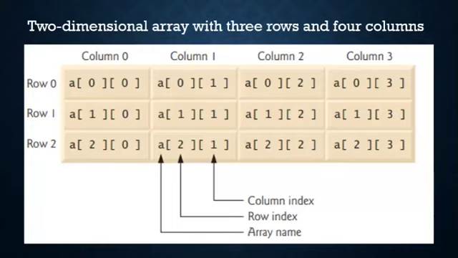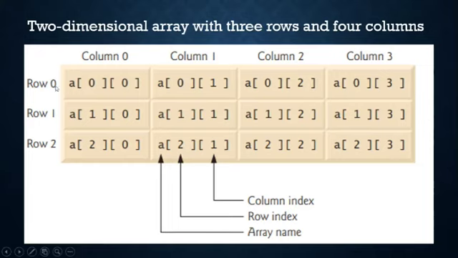Okay, so here in this figure, we have a two-dimensional array with three rows and four columns. This is how you refer to an array element of our two-dimensional array. We have here three rows.